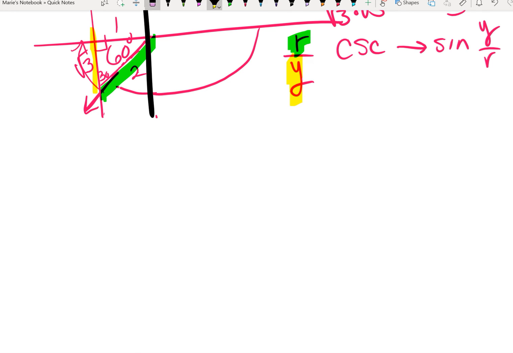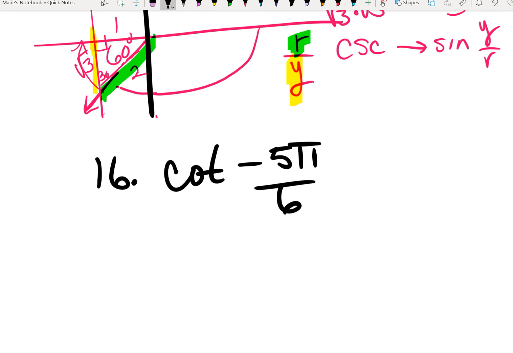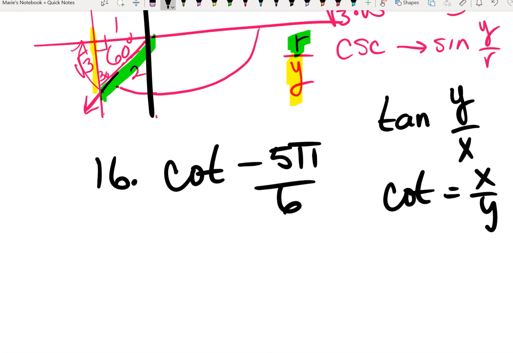I'll do number 16, I guess. Okay, so 16, you have the cotan of negative 5 pi over 6. And so same thing for this one, just remember tan is y over x, and therefore cotan is simply x over y. So if cotan is x over y, then I can solve for this.